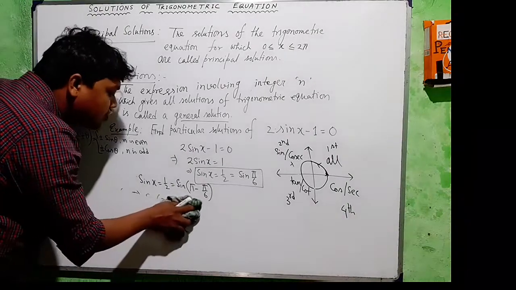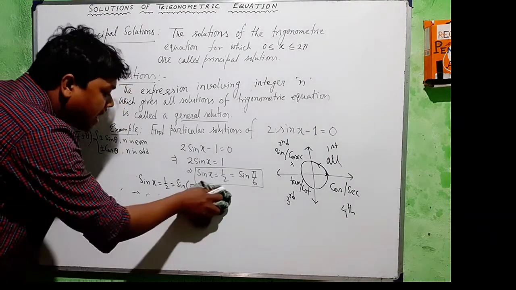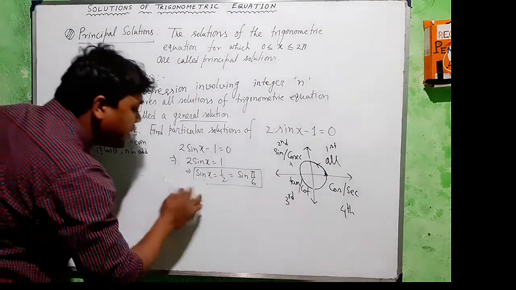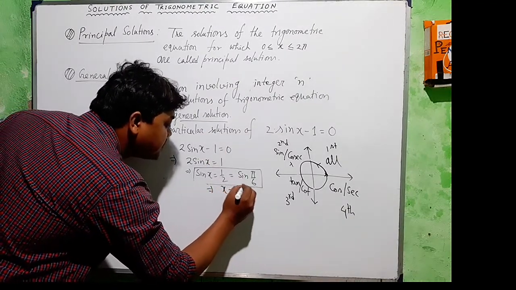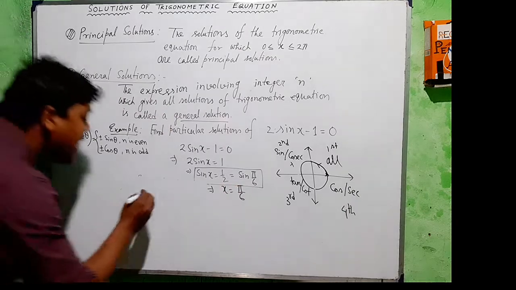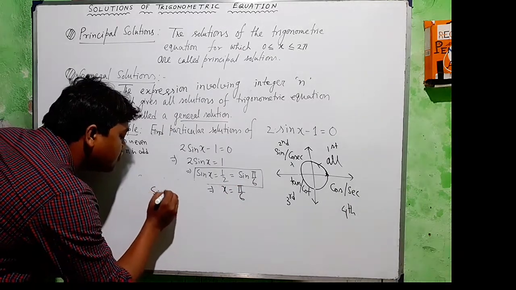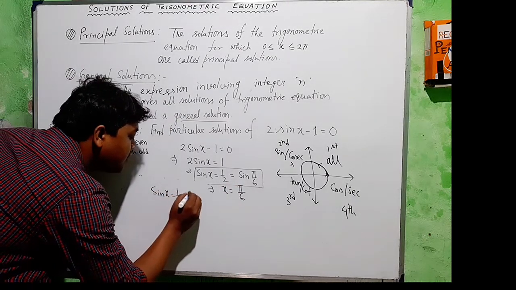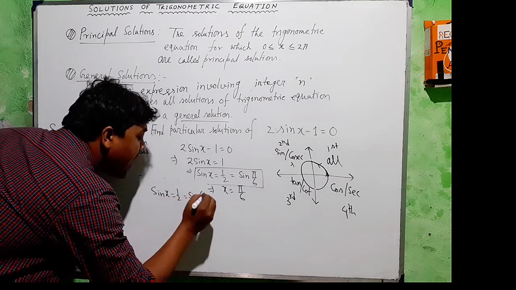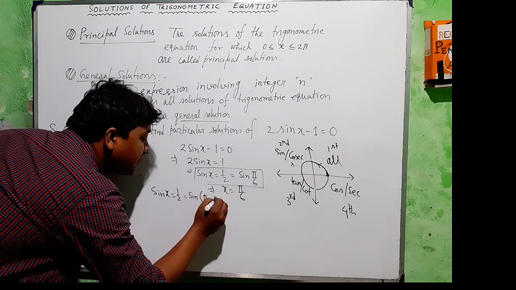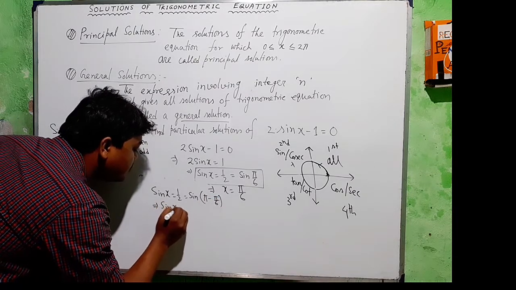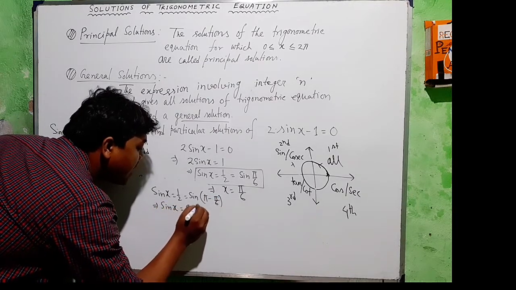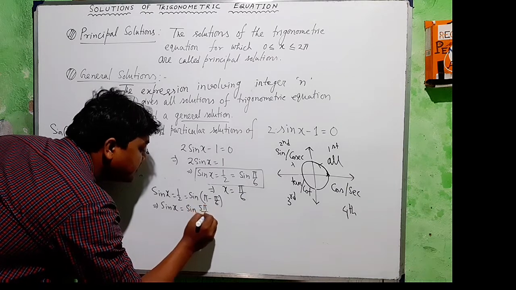So we get another solution. From here, sin x equals sin pi by 6 gives x equals pi by 6. Another, sin x equals half, we can say sin of pi minus pi by 6, that is sin x equals sin 5 pi by 6.